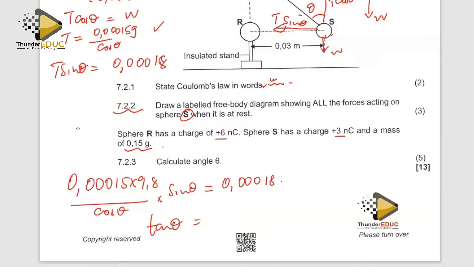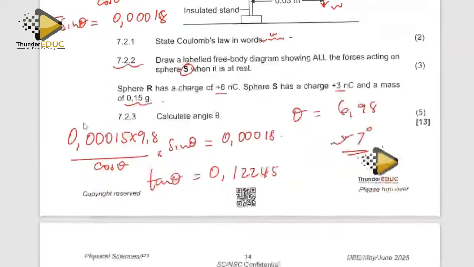Putting in the brackets, I'm getting 0.12245. Then shift tan of the answer gives me 6.98, which is approximately 7 degrees. So that is the theta that they need.